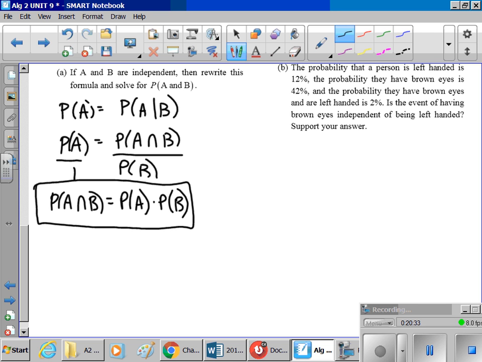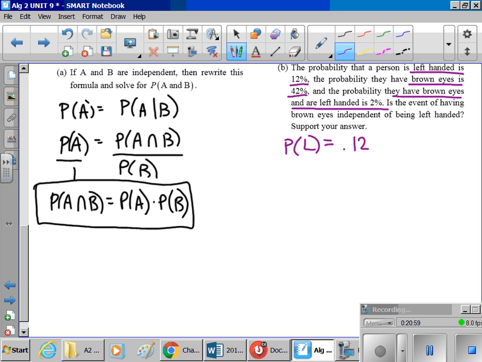The probability that a person is left-handed is 12%. Oh, this is nice. They're actually giving us stuff here. The probability they have brown eyes is 42%. The probability that they have brown eyes and are left-handed is 2%. So what are they telling us? Remember, we're talking numbers now.